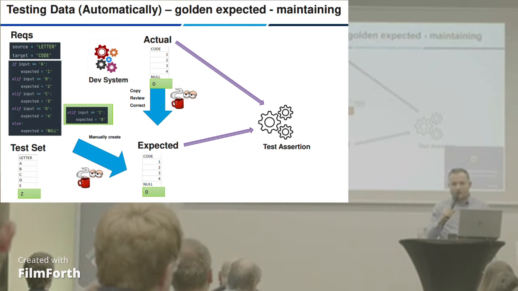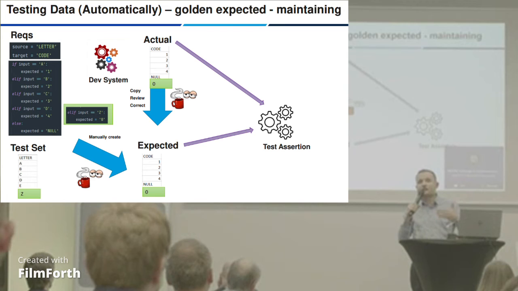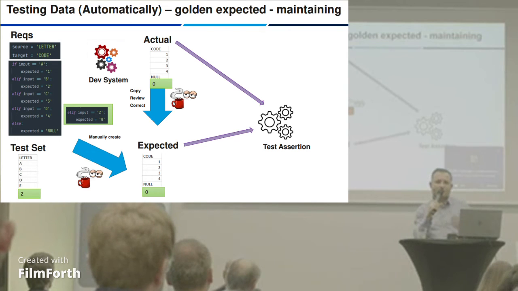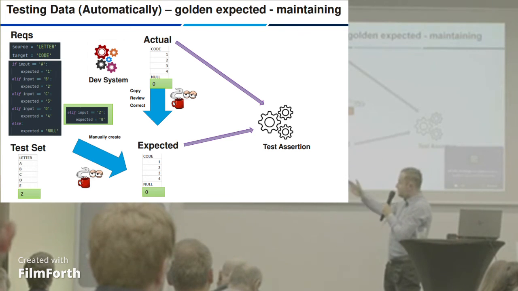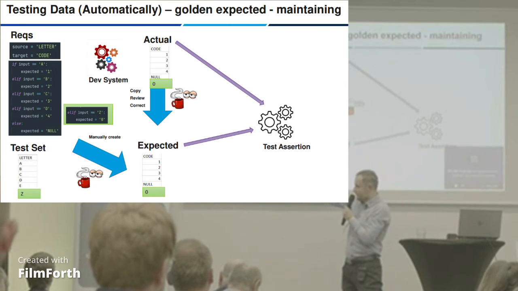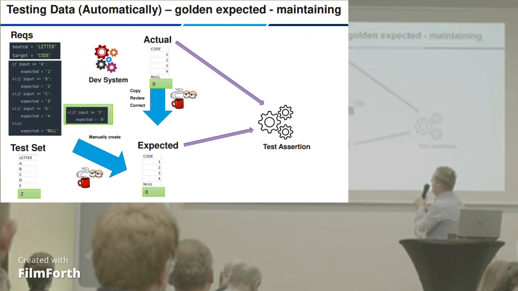And now we want to release another version. So we got a request from the client that we need to add some new conditions. So another is Z to 0. Let's map it. So we prepared a set, or generated it via a script. We've got Z at the end, and we run the system.